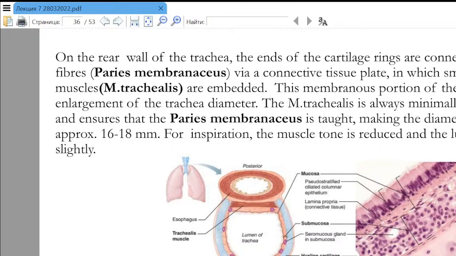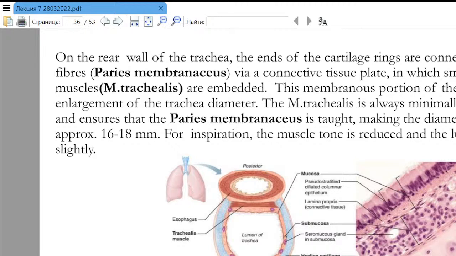On the rear wall of the trachea, the ends of the cartilage rings are connected by elastic fibers, the paries membranaceus, a connective tissue plate in which smooth muscle, the musculus trachealis, is embedded.